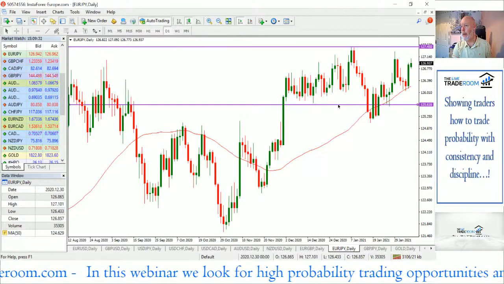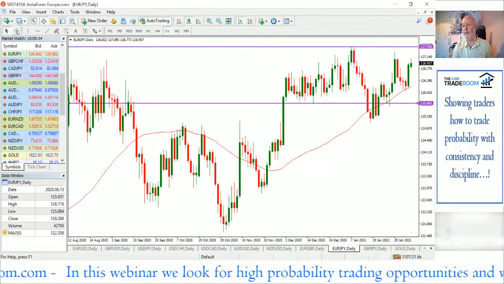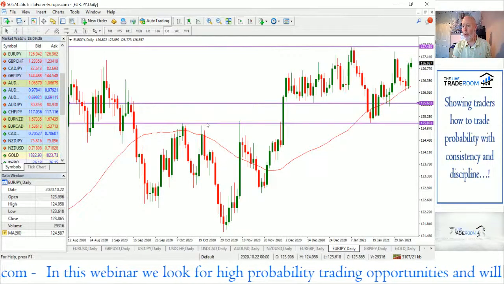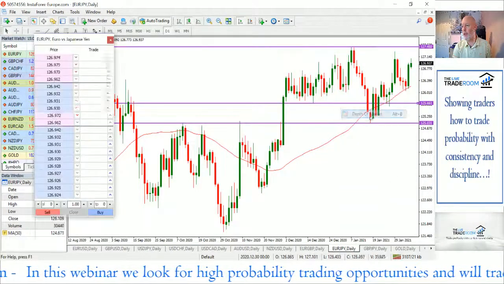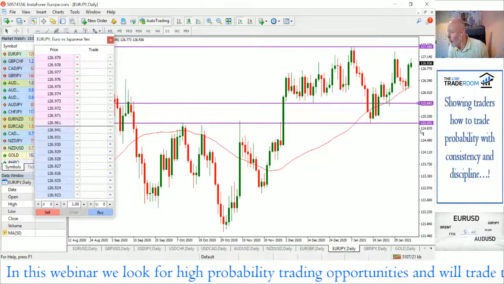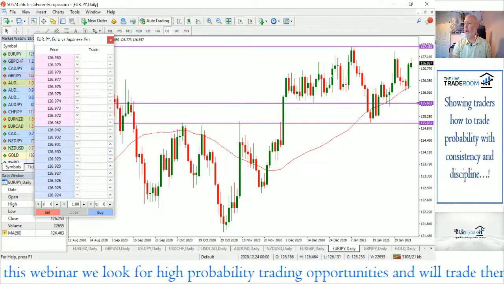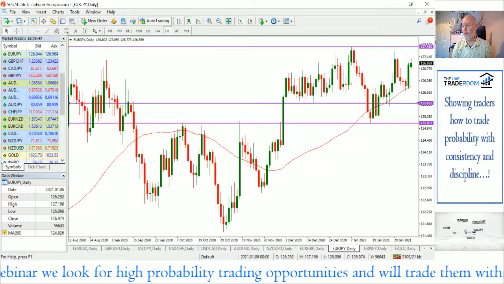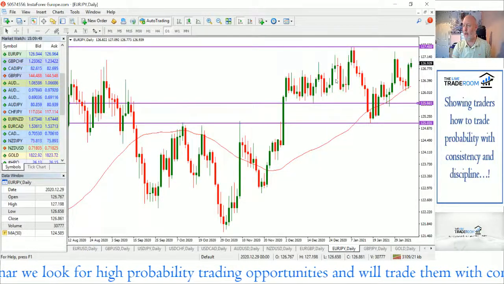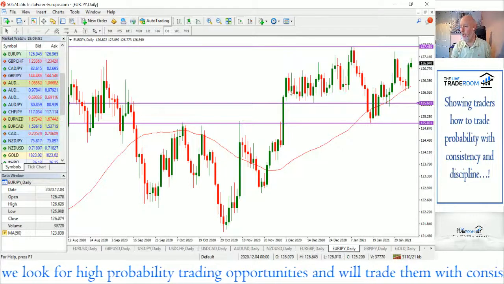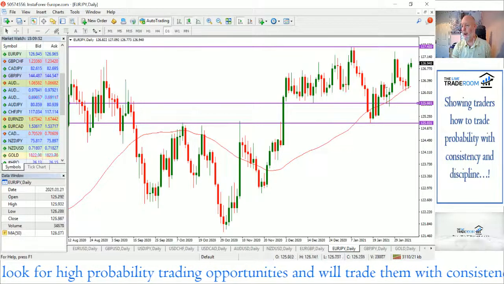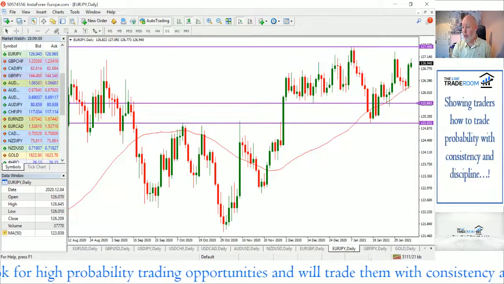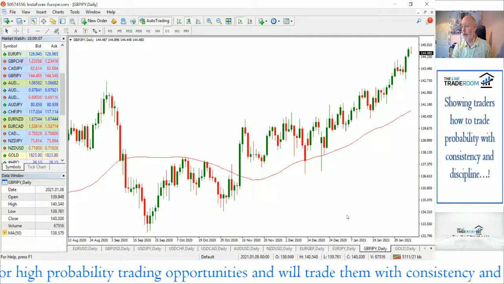We can just put this level in here. The major swing high and swing low is the 12500 level, and what we can see from this market is that we've been largely moving sideways for the euro yen since early to mid-December. So again, from a high probability trading opportunity, it's not fantastic.